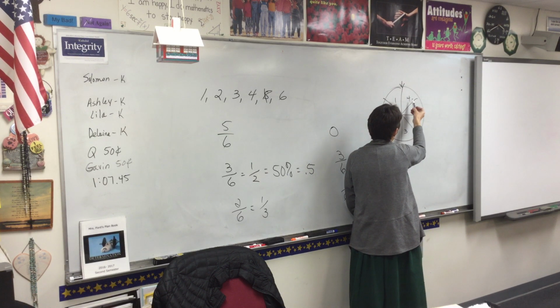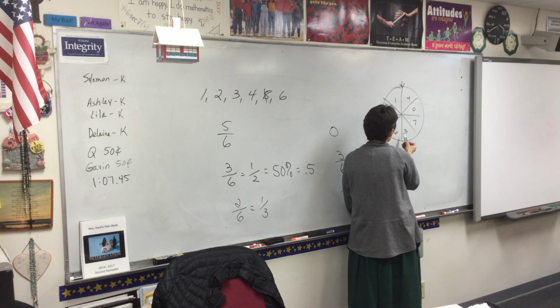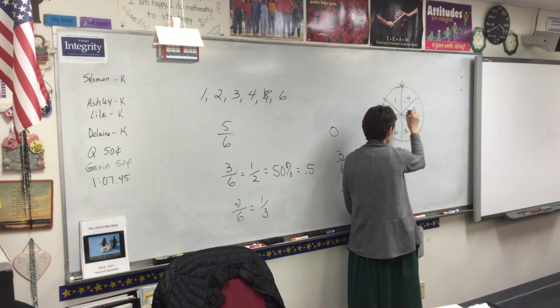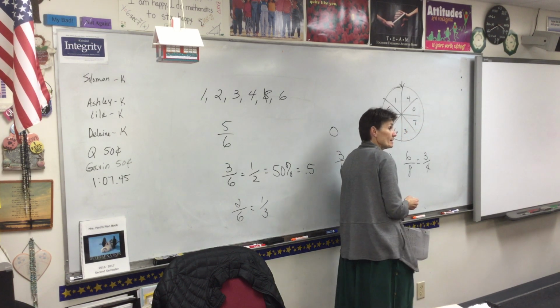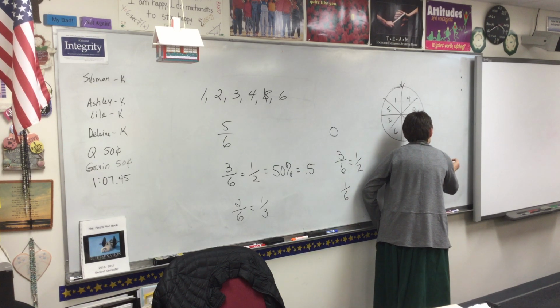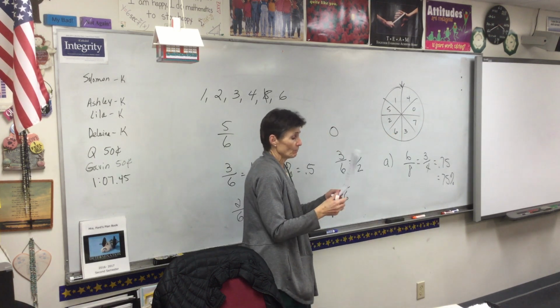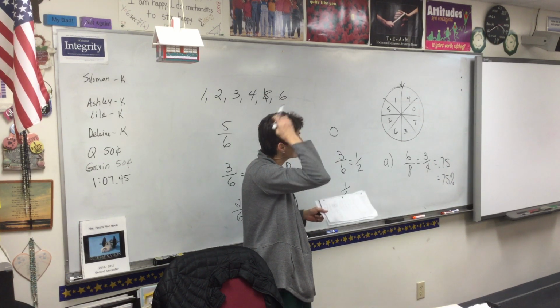So bigger than 1 would be 1, 2, 3, 4, 5, 6. How many total numbers are there? 8. So your probability is 6/8, which is 3/4, or 75%, however you want to write it. I prefer fractions usually, but it doesn't make any difference as long as you're not rounding it off.